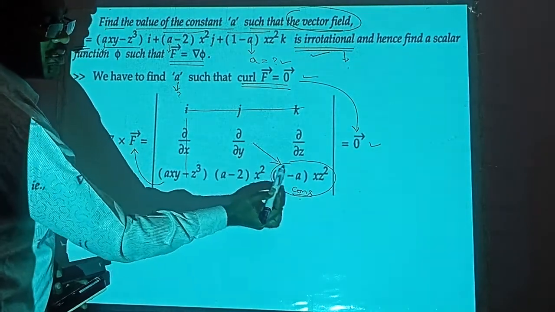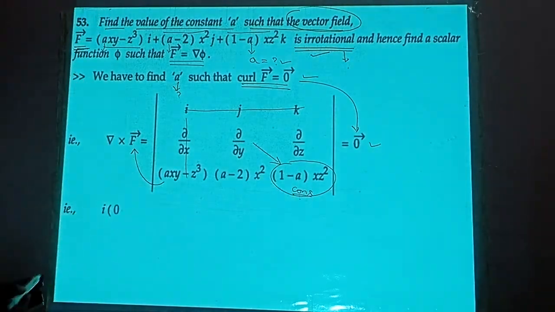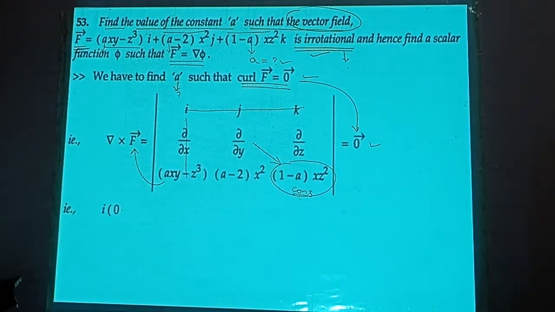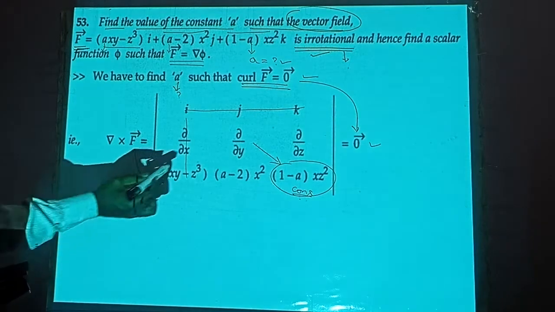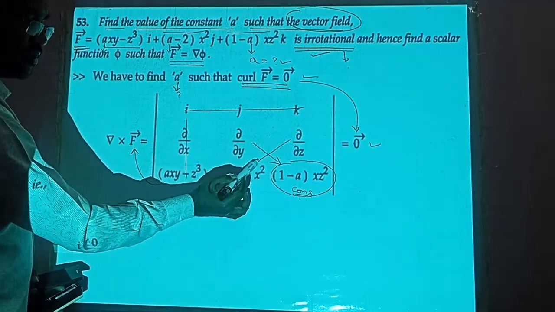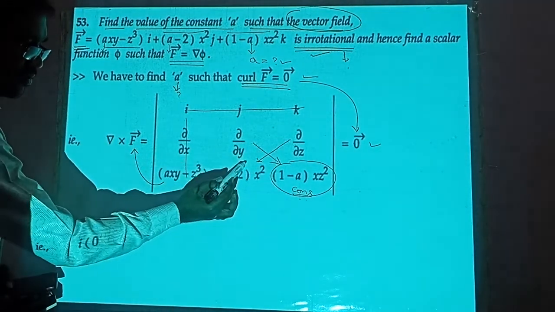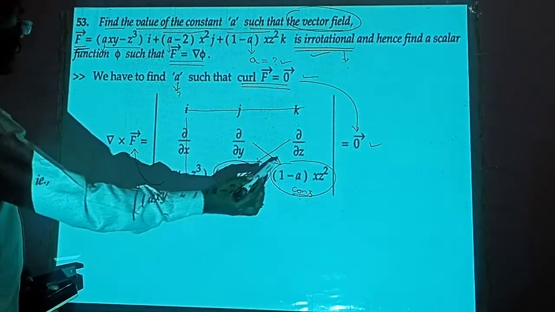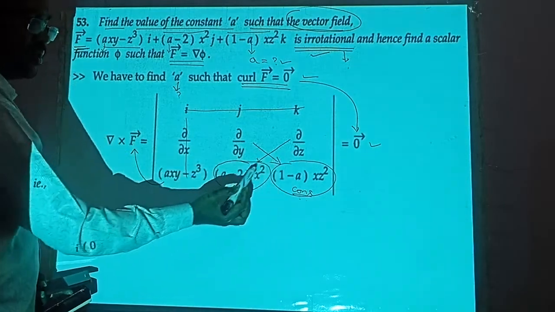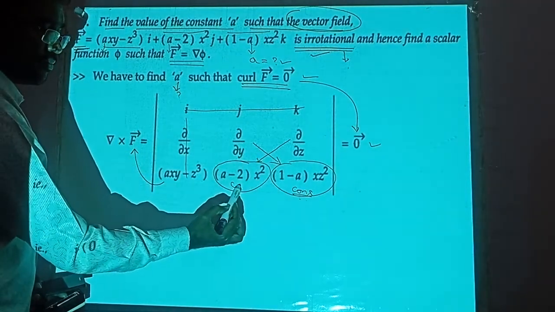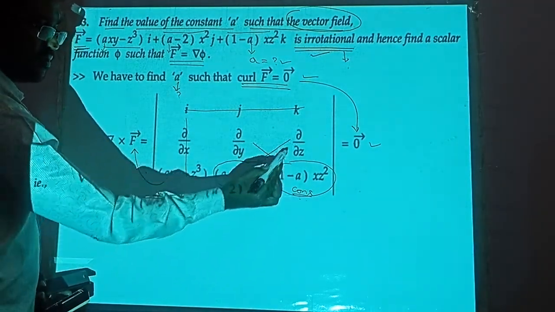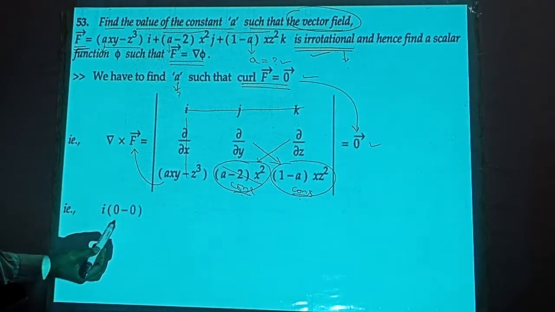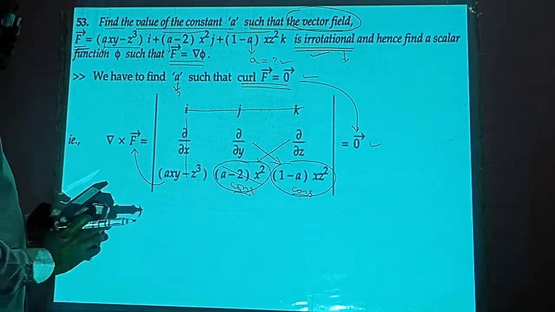So what is the differentiation of this? It will go to 0. Dou by dou y of this is 0. And what is the dou by dou z of this? Let us see. Again, if you observe, this term is completely independent of z. There is no z. So it is also a constant and differentiation goes to 0. Minus 0. Now let us go for j.